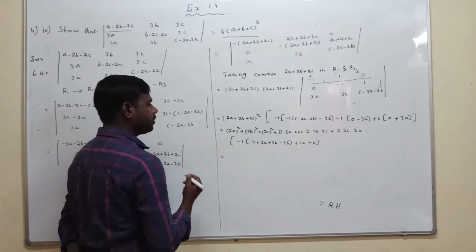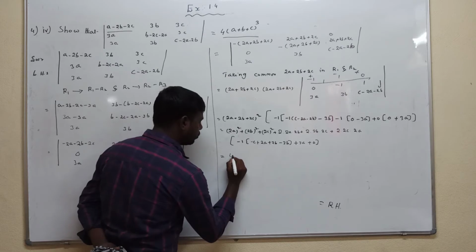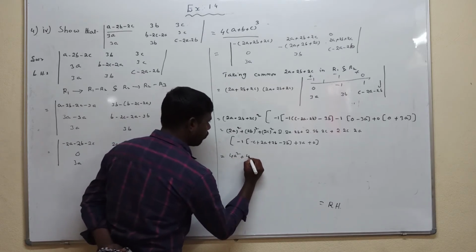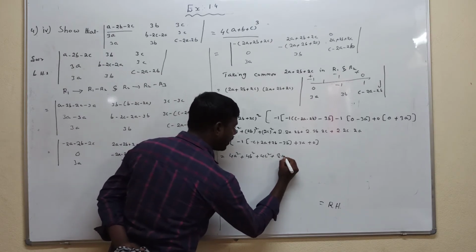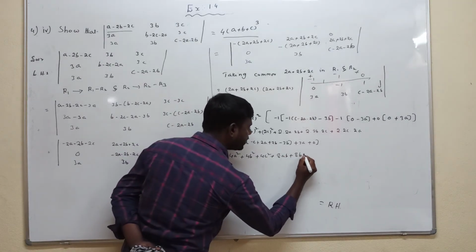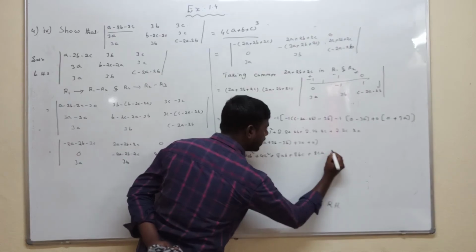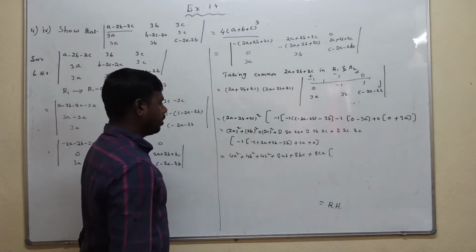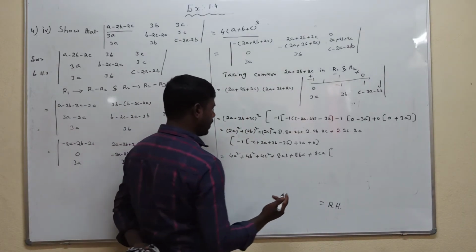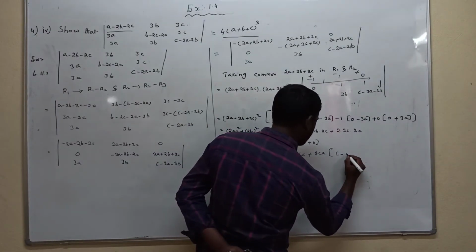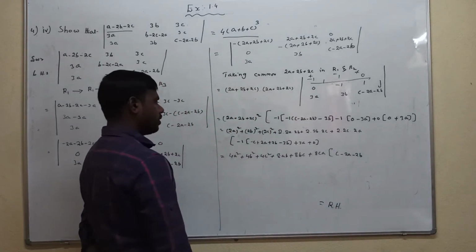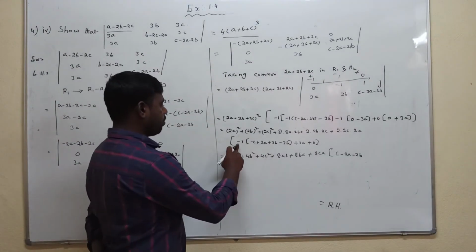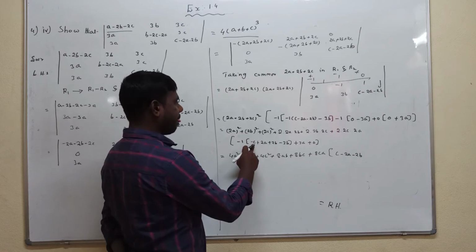Next here 4a square, 4b square, 4c square, 8ab, 8bc plus 8ca into, now multiply with negative we get c minus 2a minus 2b.